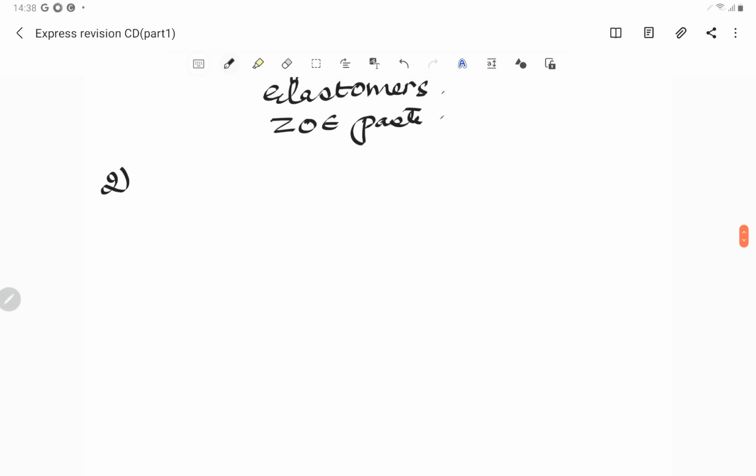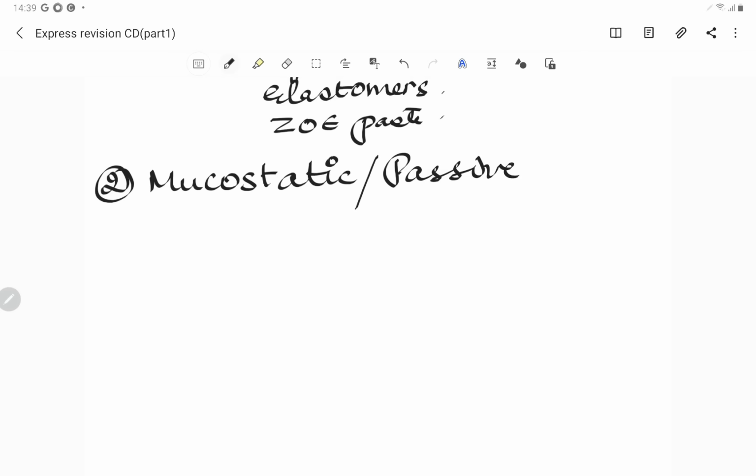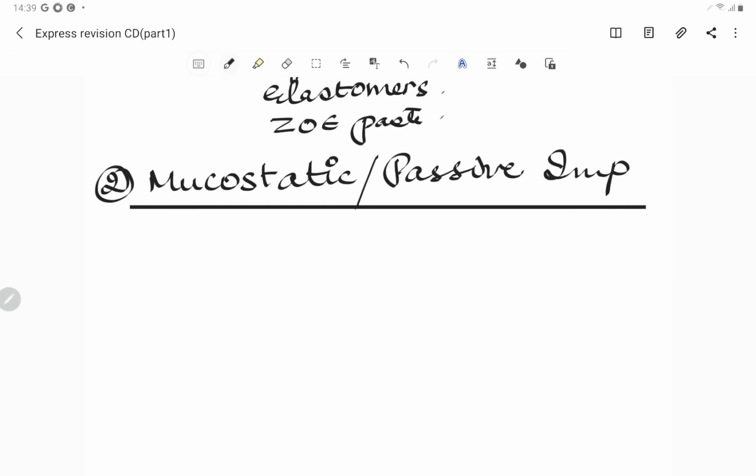Next, the second one is the mucostatic. Mucostatic, also known as passive impression, and as the name suggests, muco means mucosa, static means there is no pressure applied, and that is the reason it is also known as the passive impression.